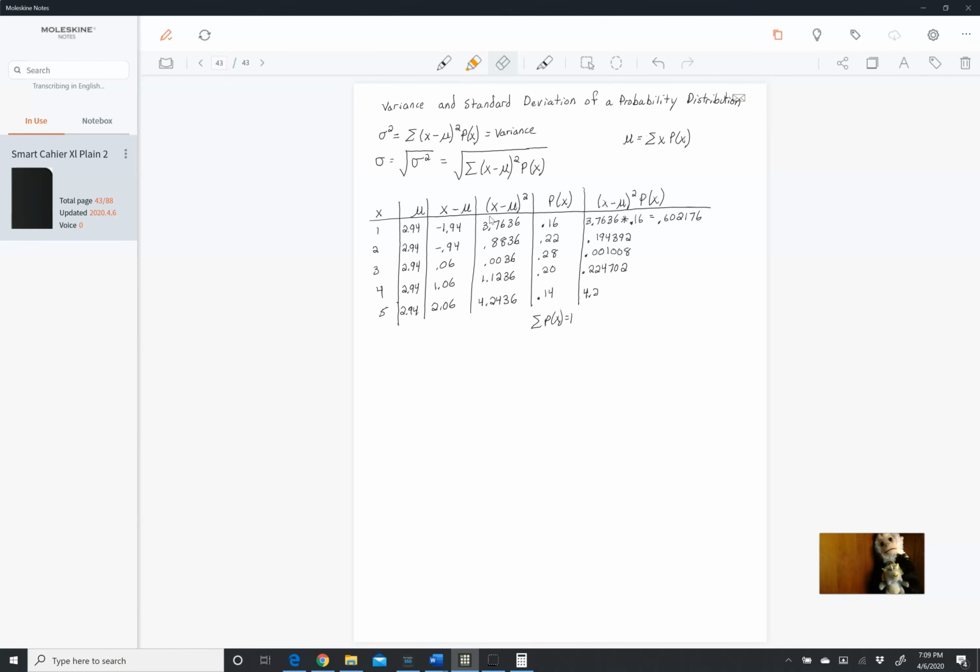We're doing 4.2436 times 0.14. Sorry, I wrote that wrong. I was looking up above instead of at what was actually calculated. 4.2436 times 0.14 is 0.594104. That's what we get.